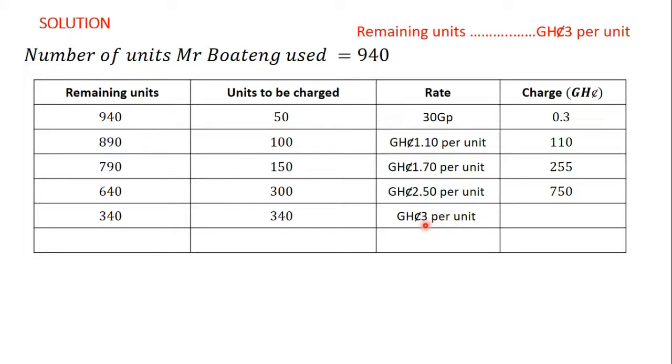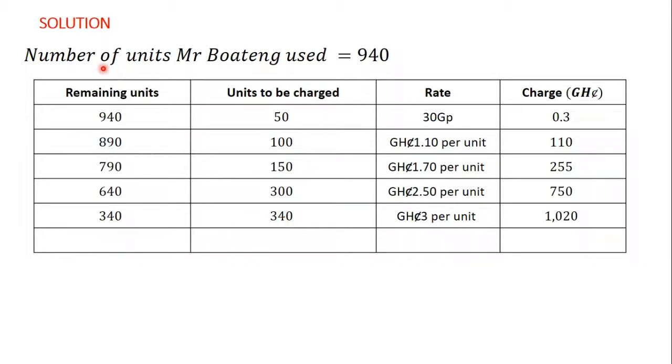Now, if the rate is 3 Ghana cedis per unit and we have 340 units to be charged, then the charge is 3 Ghana cedis times 340. That is 3 times 340, and that will give us 1020 Ghana cedis. We can see from here that 340 minus 340 will give us 0.